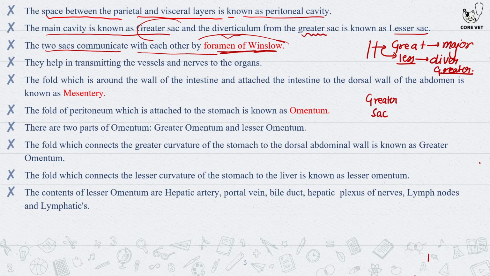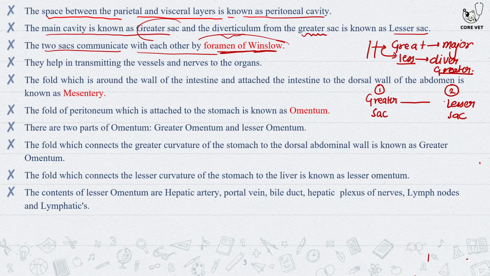The main cavity is the greater sac, and the diverticulum from that greater sac is known as the lesser sac. So if this is the greater sac, this is the lesser sac.